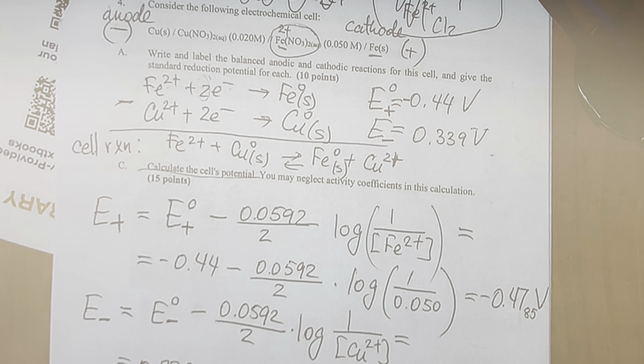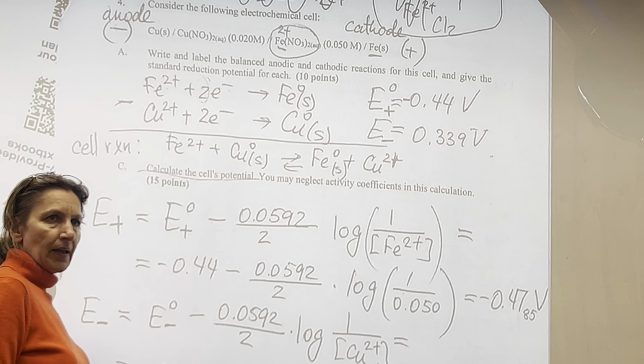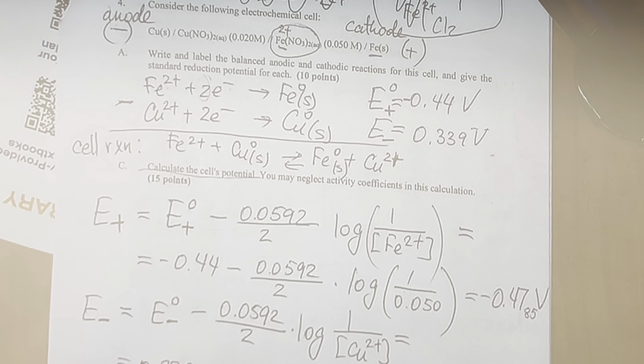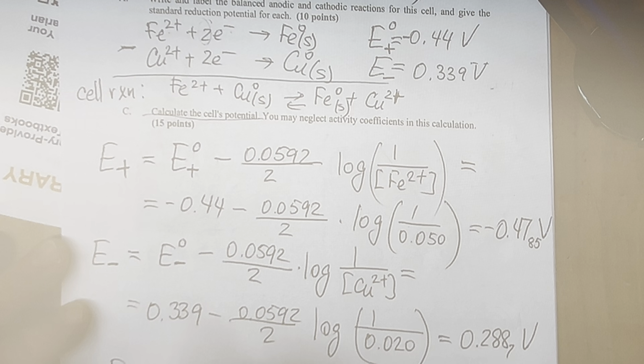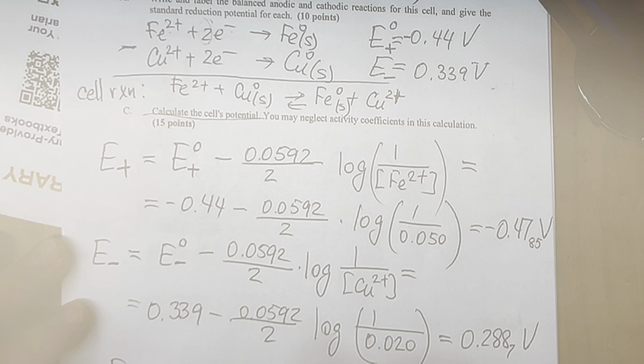So I corrected the conditions in my anodic half cell, or I used the conditions, and I corrected the standard potential for those conditions. And finally, the cell potential will be potential at cathode minus potential at anode.